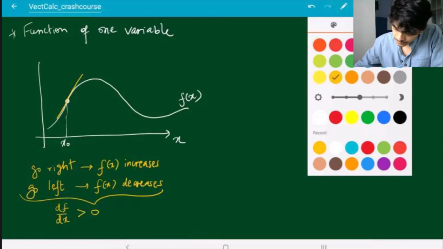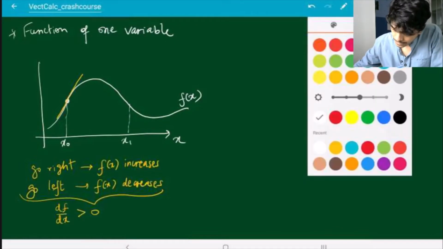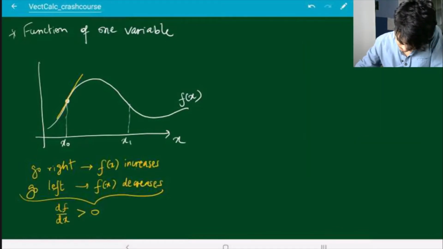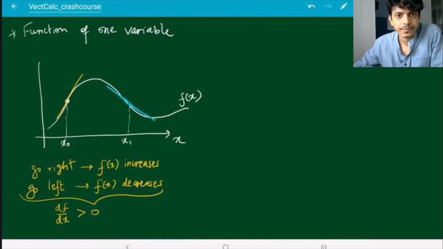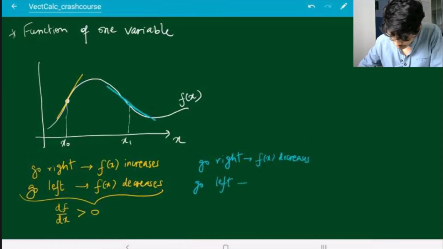On the other hand, suppose you are at a point over here, let's call this x1. At x1, the tangent looks something like this. Now in this case, if you go right, the function decreases, and if you go left, the function increases.